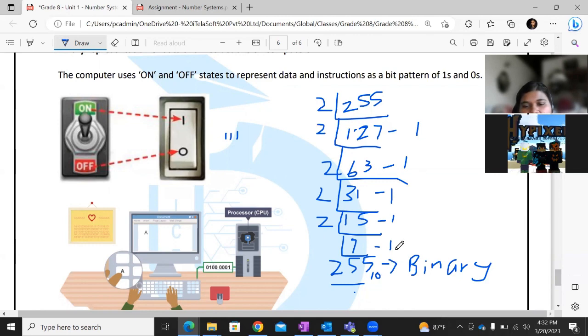So we have to take from this to this. 2, 3, 4, 5. 5 ones are there. So I will add 8 ones.